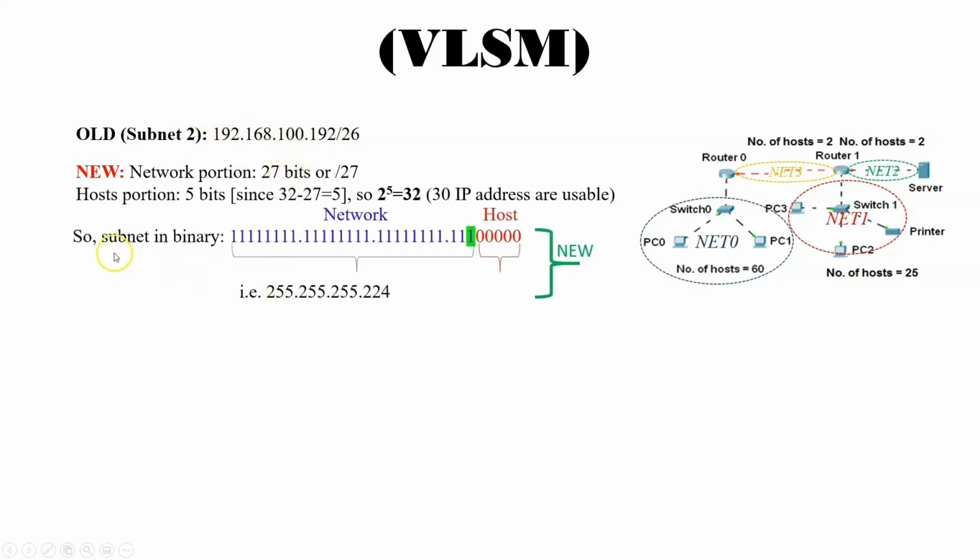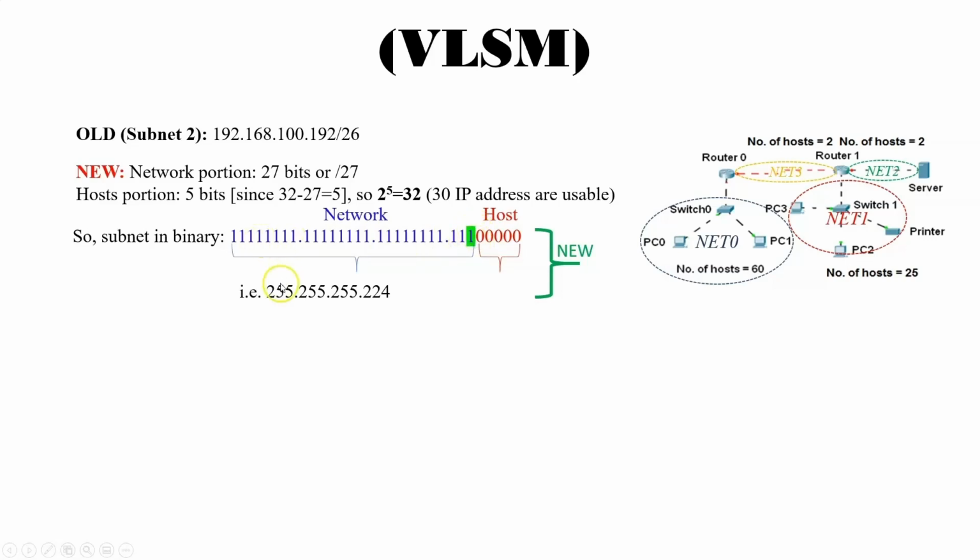So /27 means 8, 16, 24, 25, 26, 27. Earlier it was 26, now I borrow 1 more bit. When I borrow 1 additional bit, I can create 2 subnets, because that bit can be in the 0 state or the 1 state. Does it make sense? All right.